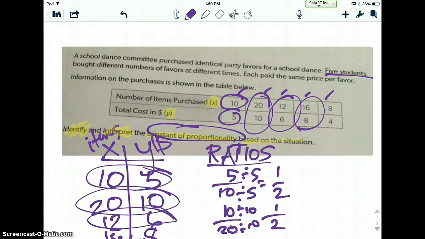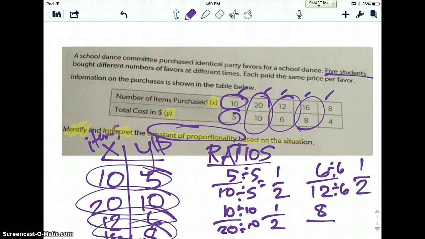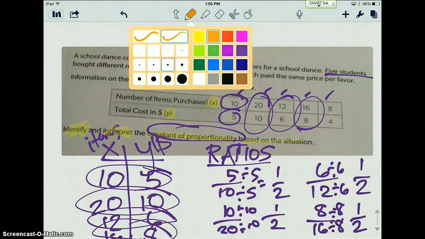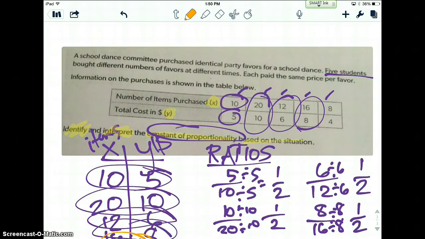If I go to the third ratio, 6 to 12, divide them both by 6, and I should get again 1 to 2. Next ratio, 8 to 16, divide by 8, and what do you know? I get 1 to 2. And then the final one, so we don't leave it out, you can barely see it, 4 to 8, divide them both by 4, and yes, I get 1 to 2.